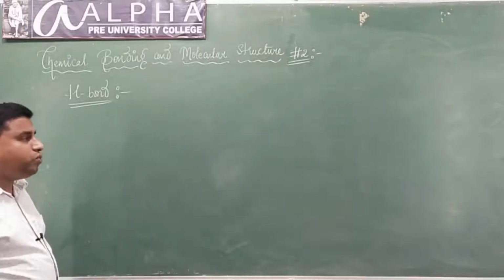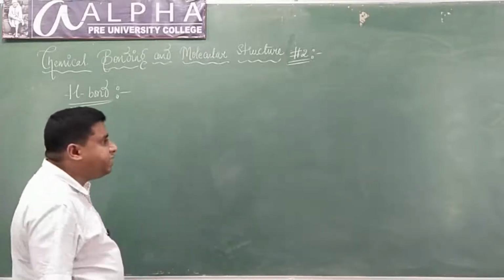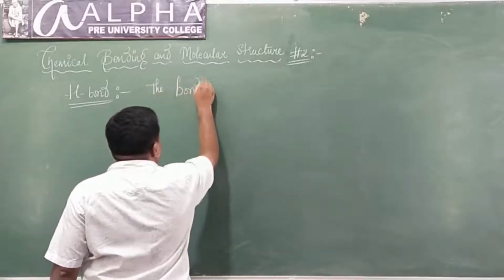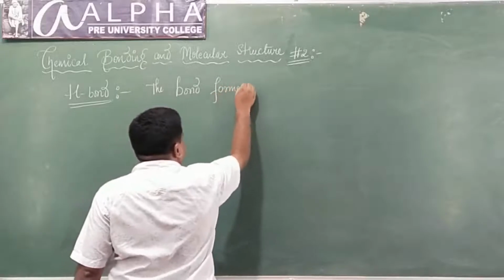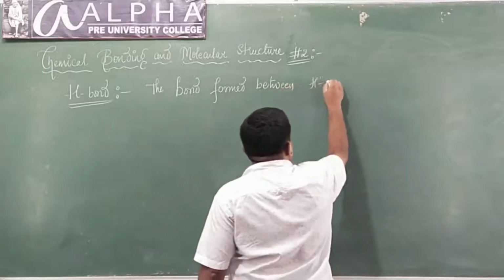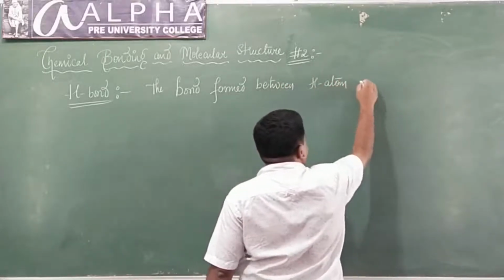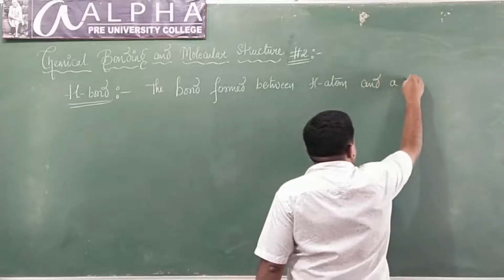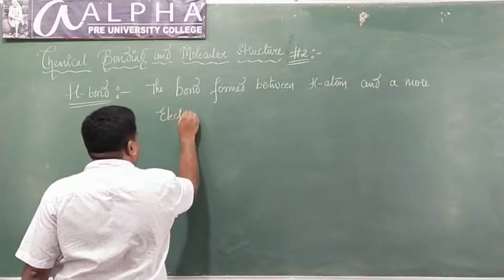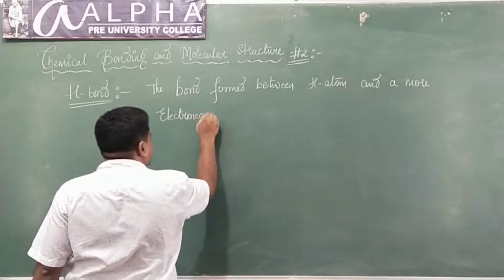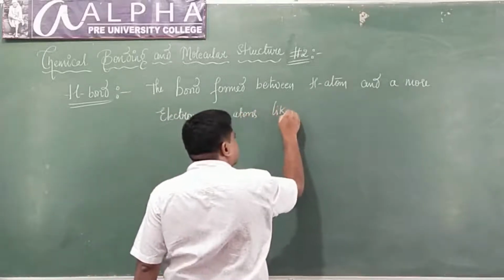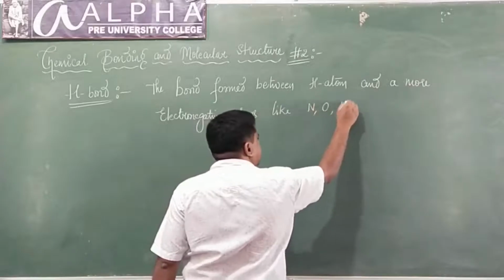Okay, what do you mean by hydrogen bond, students? What is hydrogen bond? It is the bond formed between a hydrogen atom and a more electronegative atom like nitrogen, oxygen, fluorine.